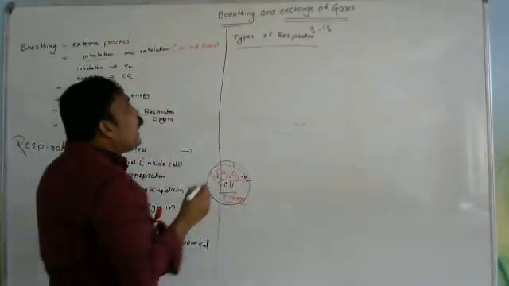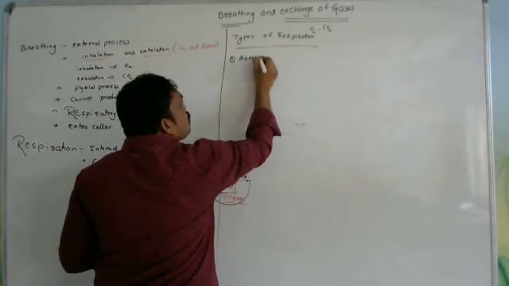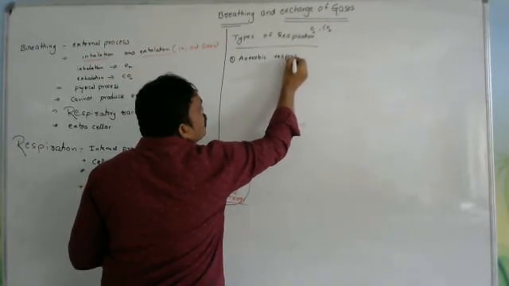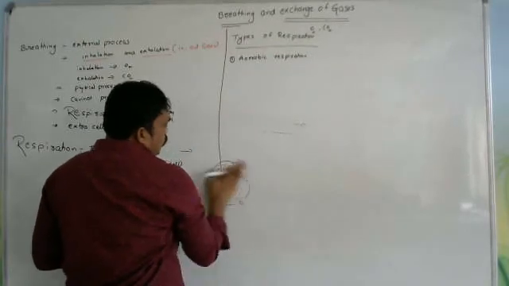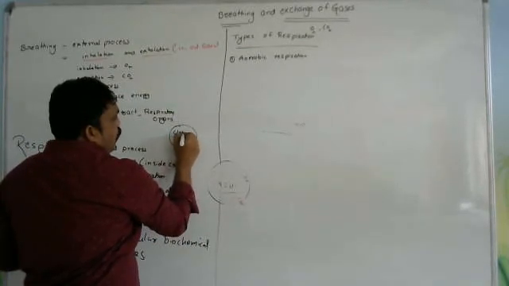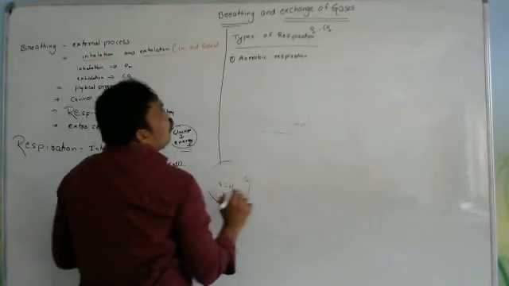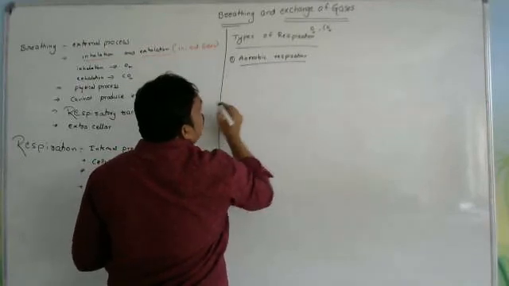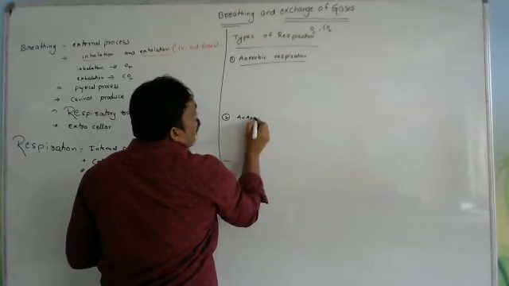One is aerobic respiration, and the second one is anaerobic respiration. In both, glucose is broken down, releasing energy.